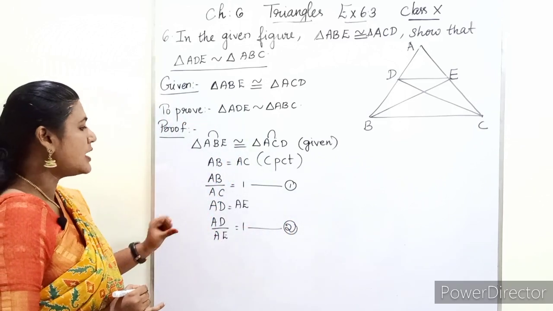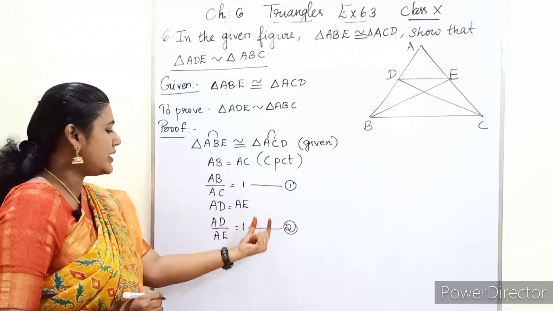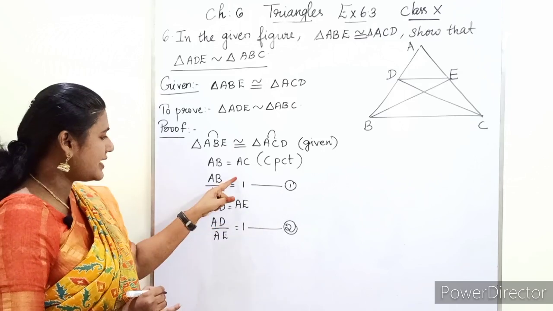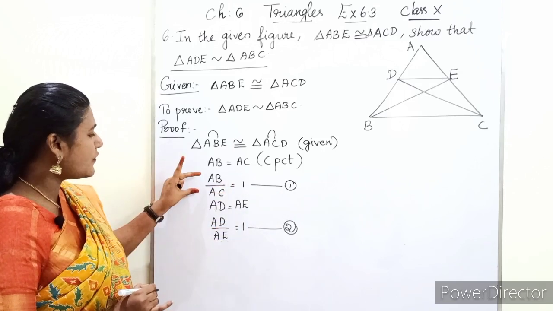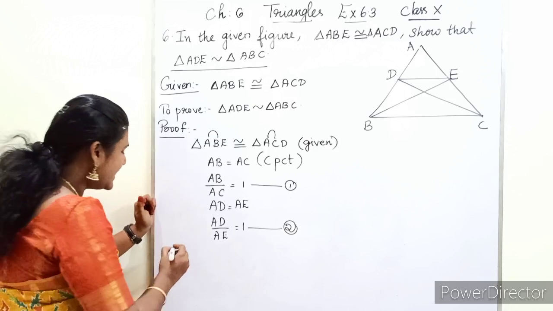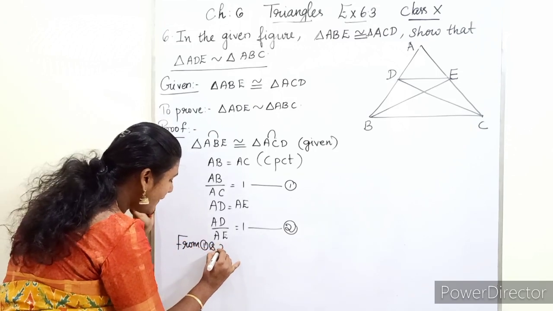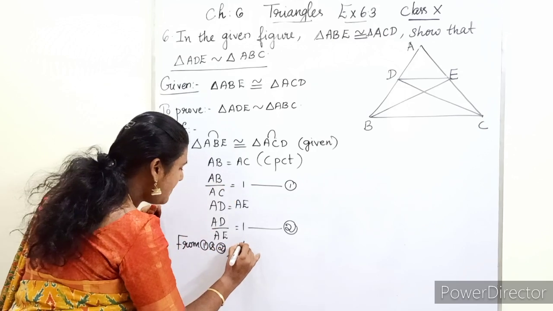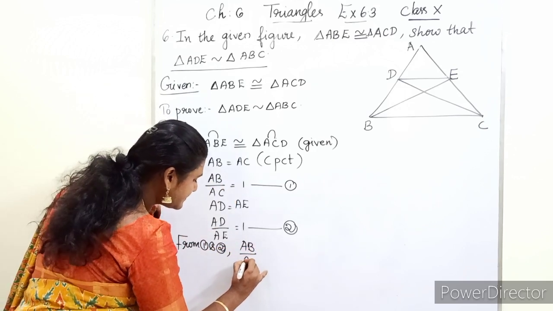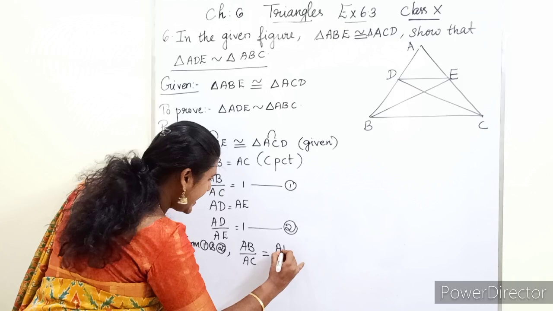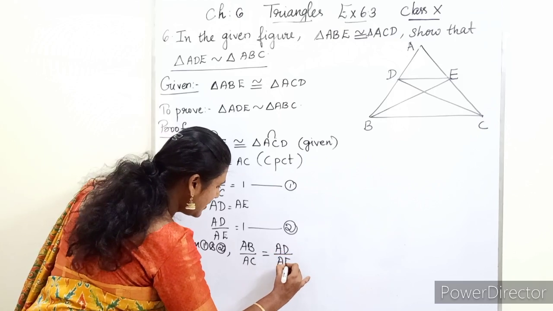Okay, second equation. So from these two equations, if you see, its right side is same. So we can equate the left side. So from 1 and 2, we can write AB by AC is equal to AD by AE.